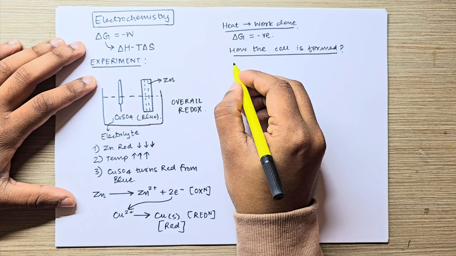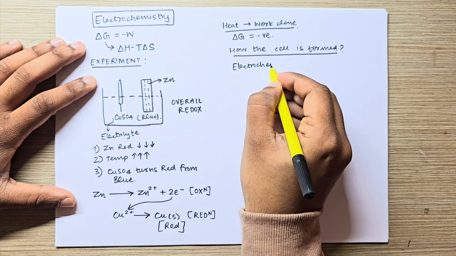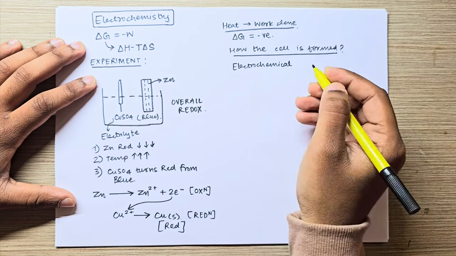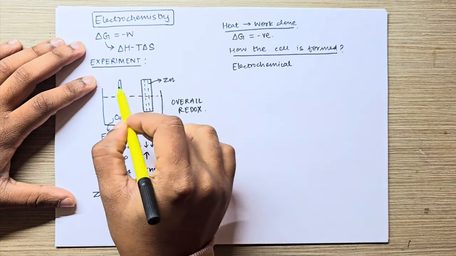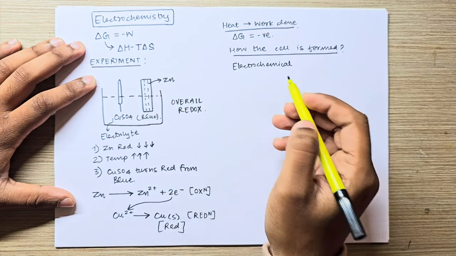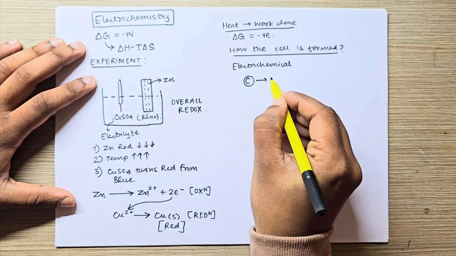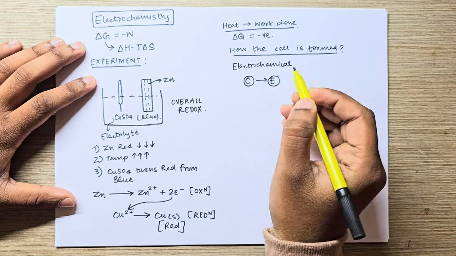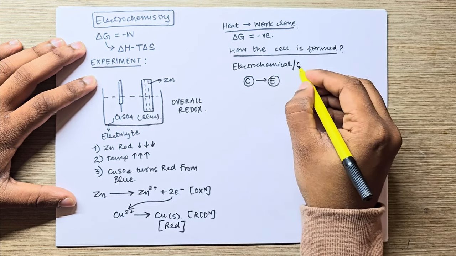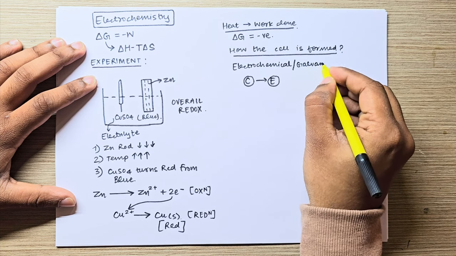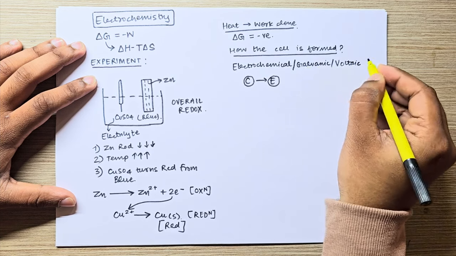We call it an electrochemical cell because we are converting chemical energy into electrical energy. That is why we call it an electrochemical cell, or we can call it a galvanic cell, or a voltaic cell.